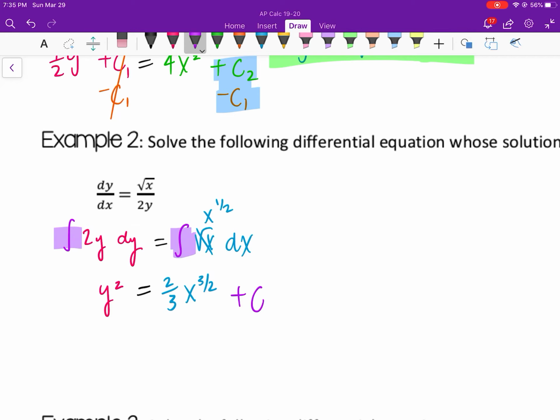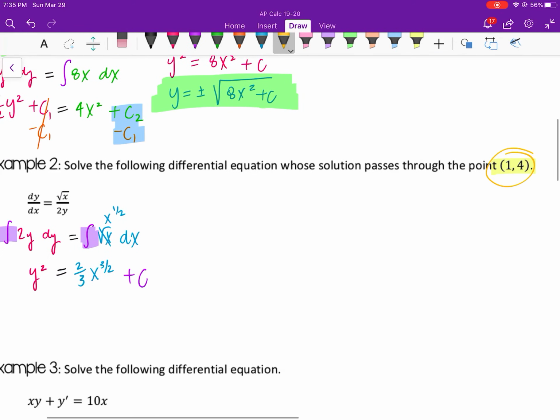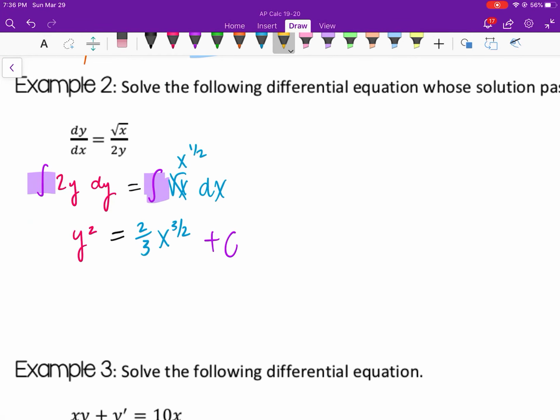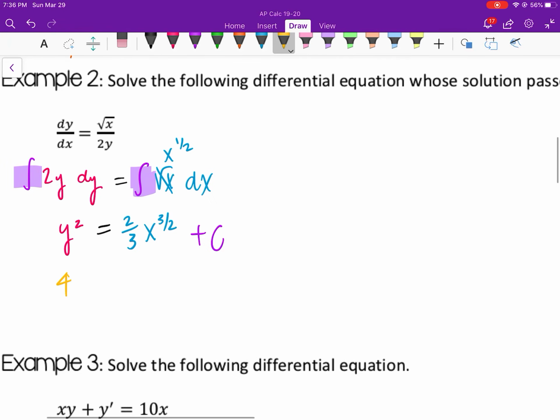Now, we do need to solve for y, but let's also consider the fact that they gave us a point. It's going to be pretty easy to plug in our point right here, right? Rather than solving for y, which involves a square root, which we will eventually have to do, as we're solving for c, just plug in your point here. Why not? So y is going to be 4. So 4 squared is going to be equal to 2/3 times 1 to the 3/2 plus c.